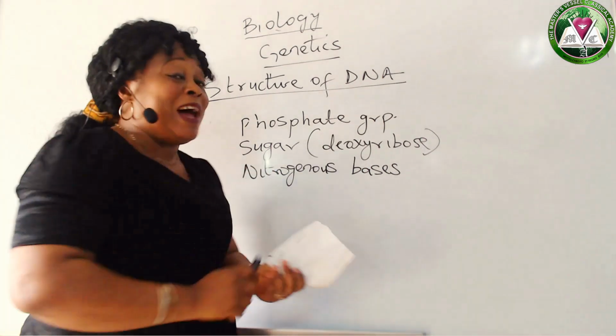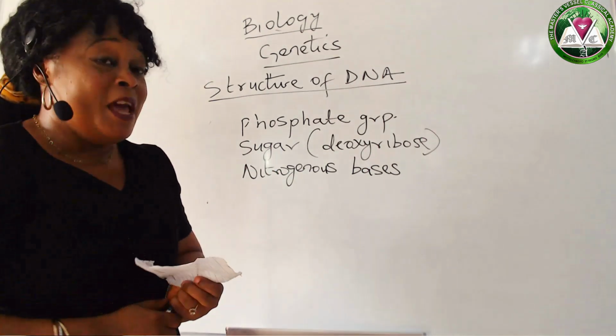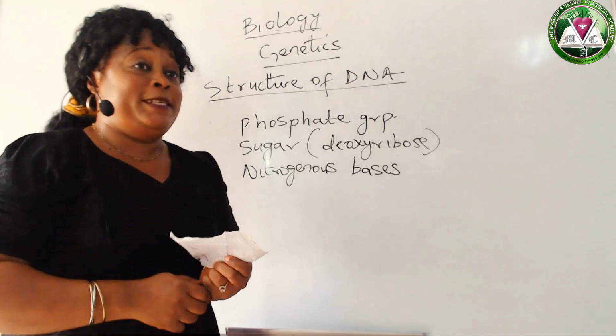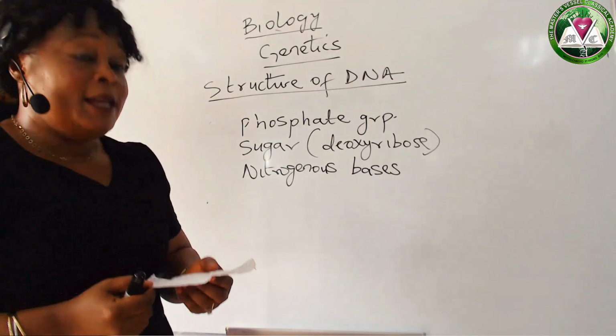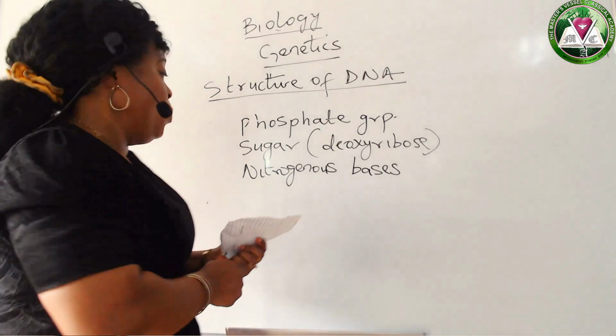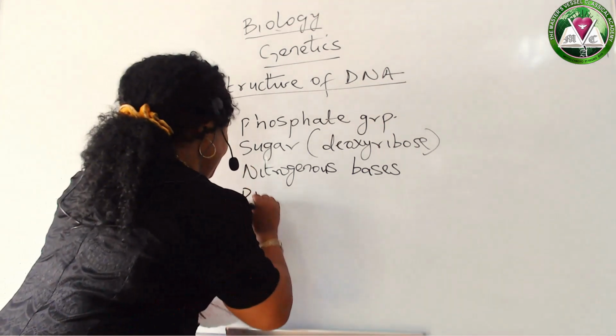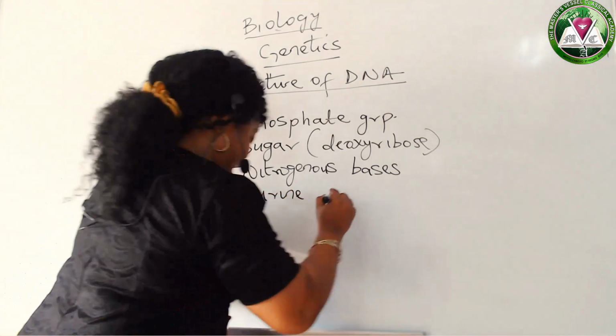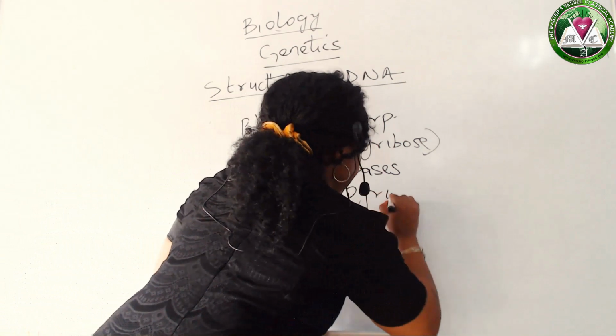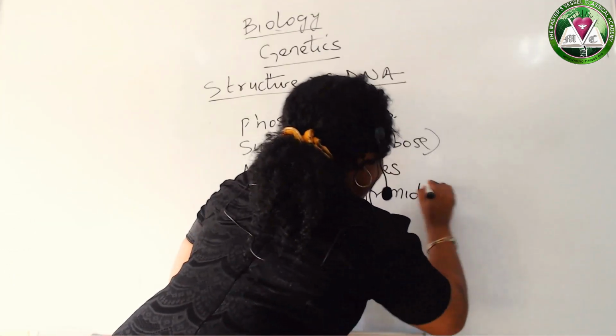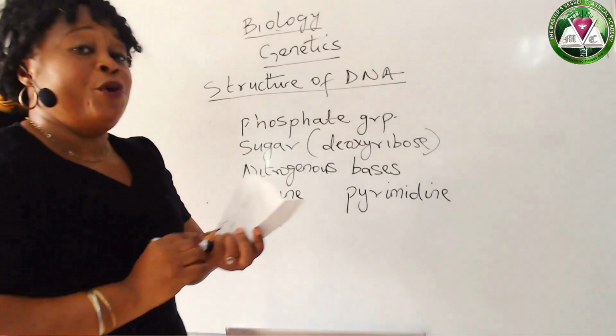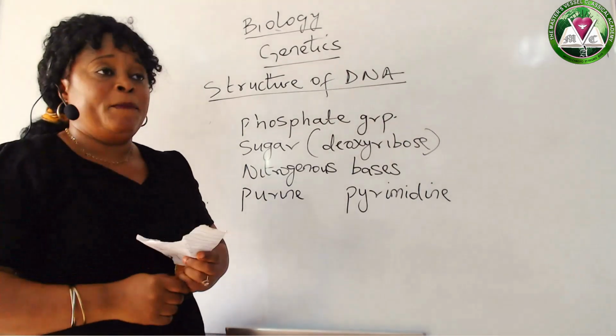Now, what we are going to concentrate on is the nitrogenous bases, if we are going to discuss the structure of the DNA. In the nitrogenous bases, we have 2 groups we call the purine and the pyrimidine.